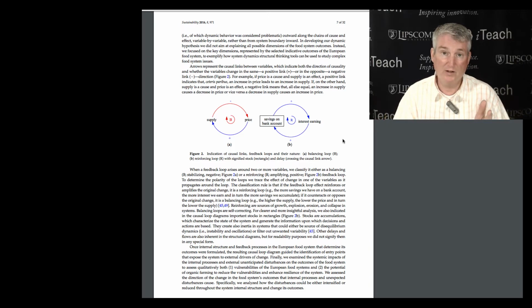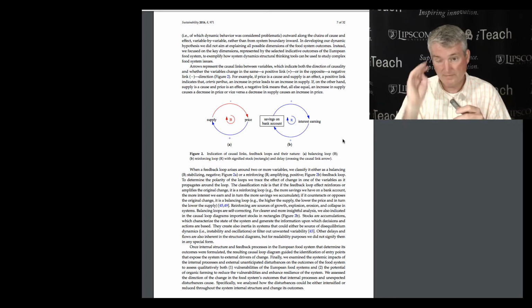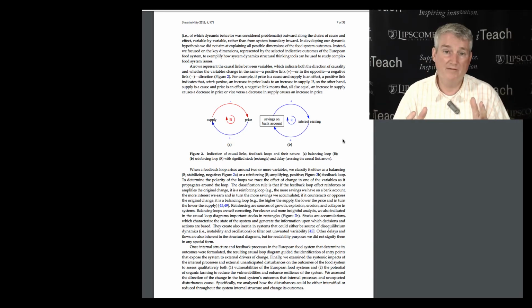So you're only going to be looking at balancing feedback and reinforcing feedback and some signals that are coming in to inform that feedback as to how fast those behaviors are going to take place.